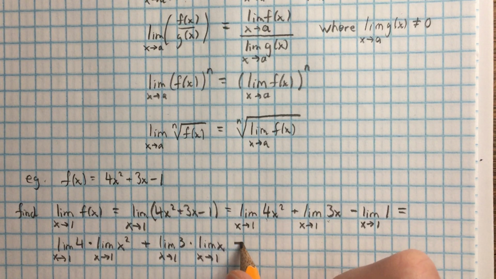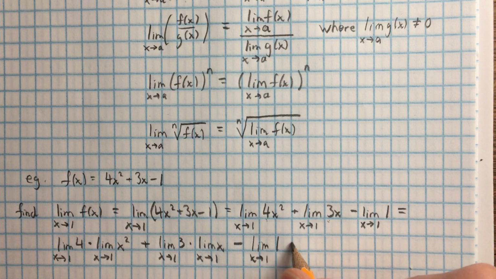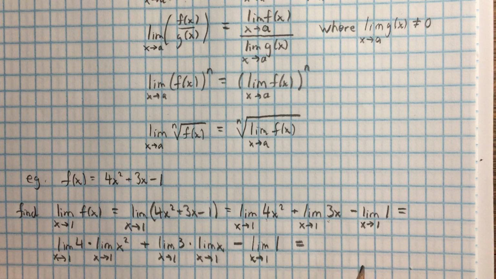And finally you have minus the limit as x approaches 1 of the constant function 1. So we're getting close to the end of this now. You can see it's still rather cumbersome. More efficient than using the definition on this thing, for sure. Nevertheless, still a little bit bothersome in terms of efficiency, but getting better.